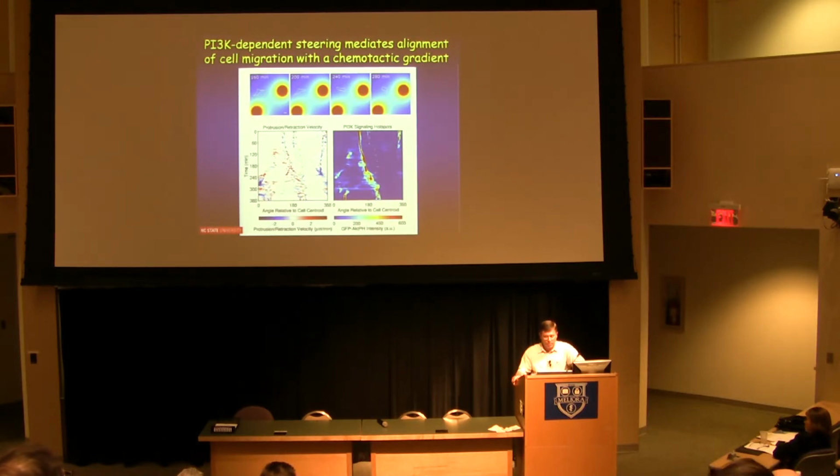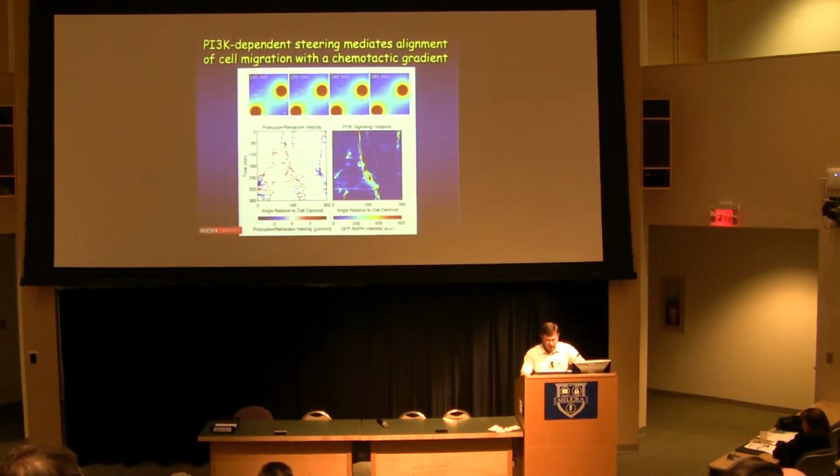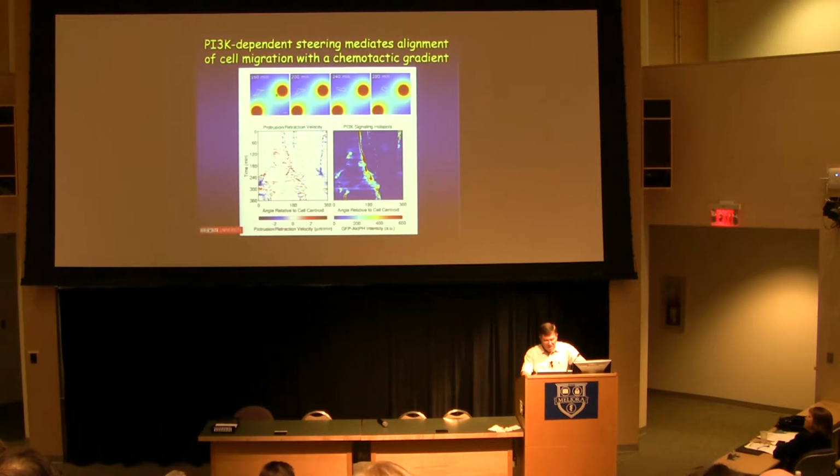If it successfully propagates, and this is just showing one instance, but we saw this in many cells and characterized this. This is just a stereotypical example showing where we give a PDGF gradient to the cell, so a chemotactic gradient, and as the cell turns, it does so in a way that's biased so that it aligns properly with the gradient.